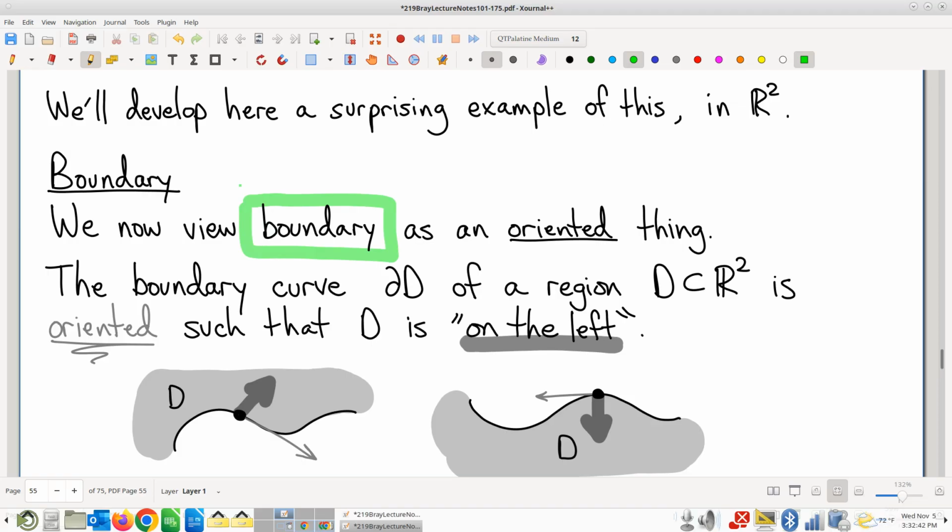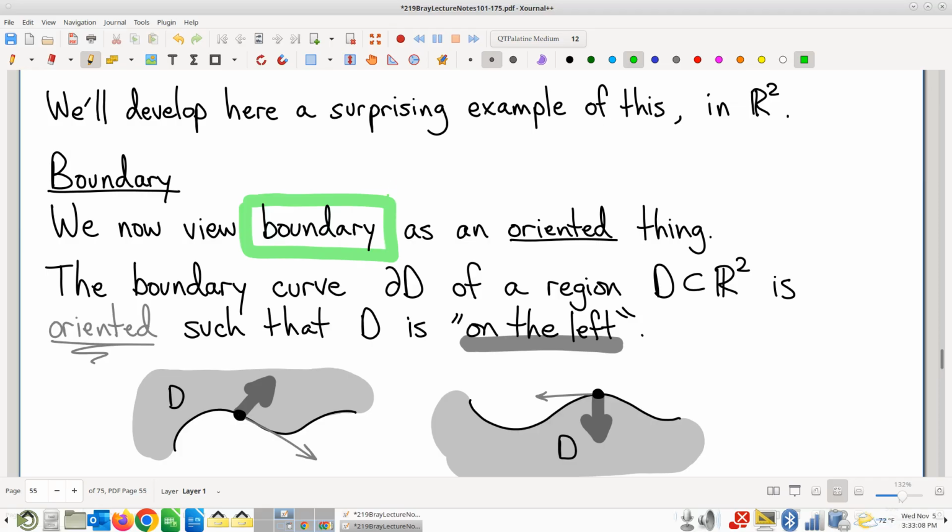I like to think of it as the border between where your set is and where your set isn't. That's what a boundary is. It's where the fence is that keeps the sheep in. There's where the sheep are, and then there's where the sheep aren't. Does that make sense? Everybody familiar with this term, boundary? Okay. So, here's what we're going to do with it.